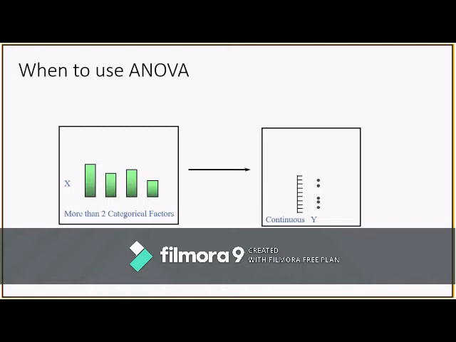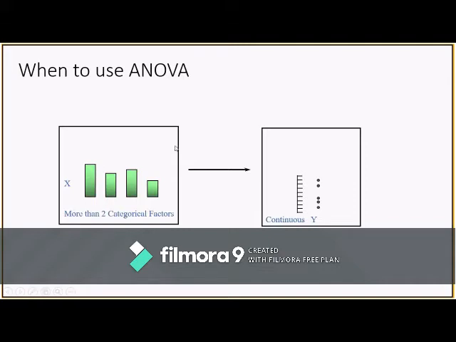These are nothing but categorical factors, and these are called X. For each shift, you are getting the throughput, or kgs per man hour, or kgs per hour, or liters per hour, or the flow rate of the particular machine. Those are your continuous Y. If you have more than two categorical factors, here we have shift 1, shift 2, and shift 3, that's why we are using ANOVA.